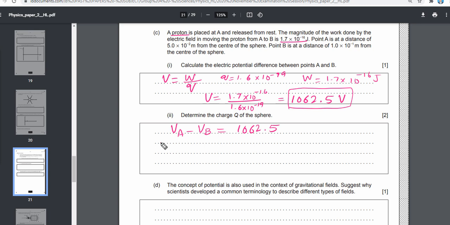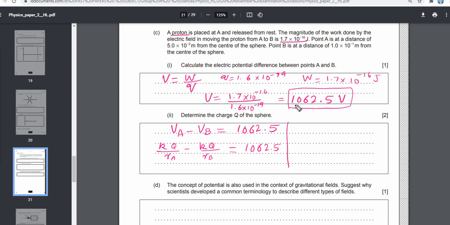VA will be KQ over RA minus VB, which is KQ over RB, where RA is the distance of point A from the center, and RB is the distance of point B from the center. That is equal to 1062.5.